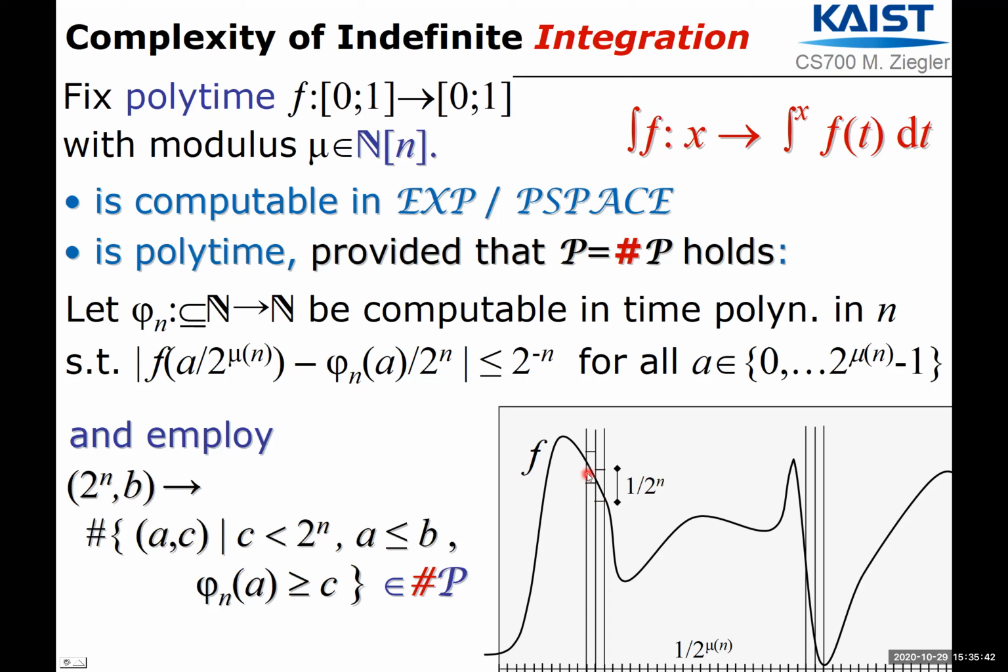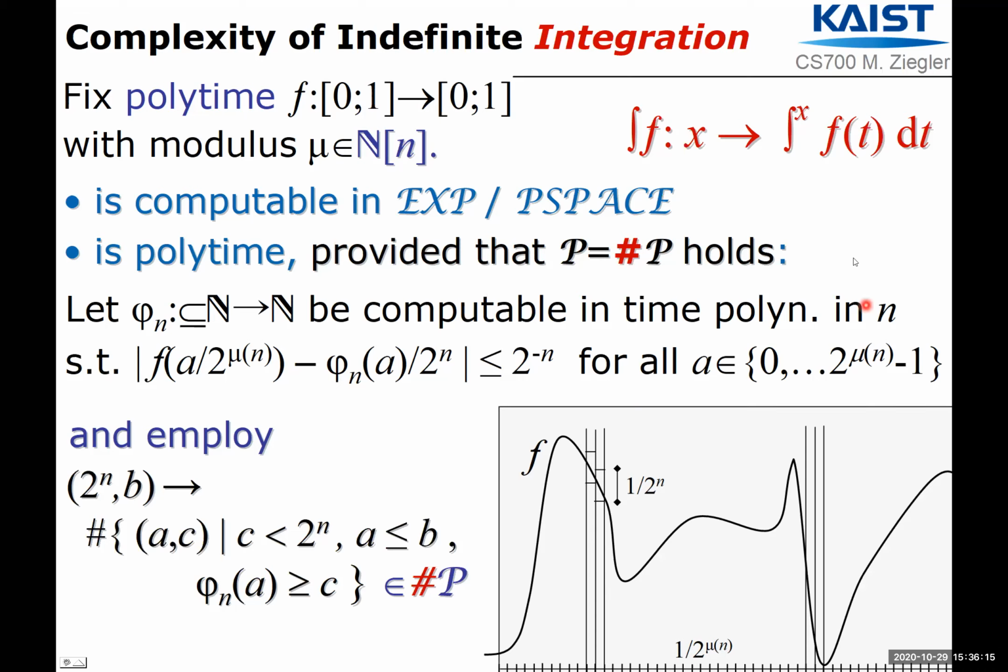And then instead of taking the maximum of these exponentially but finitely many values, we take the sum over all these values, scaled to the length of the intervals. So the height weighted with the length of the intervals, and then take the sum. That's precisely the Riemann sum, right? You remember the definition of the Riemann sum? That's exactly this. But now we have a quantitative statement.